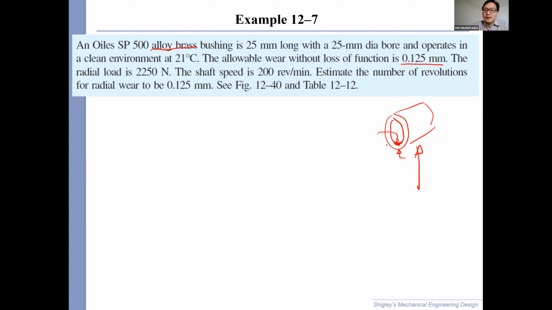The shaft speed is given, is 200 RPM. Estimate the number of revolutions for radial wear to be 0.125. So here we're calculating the lifetime. Okay. All right, so let's jot down what we have here.